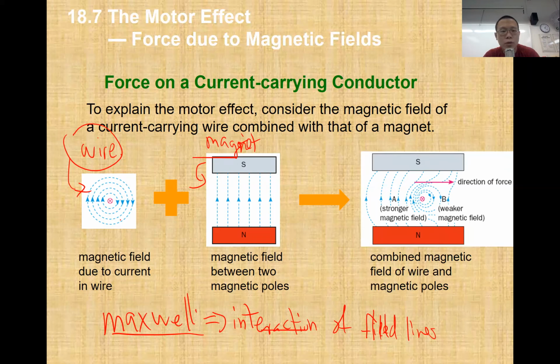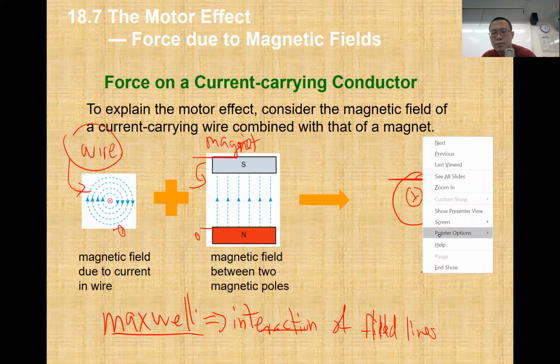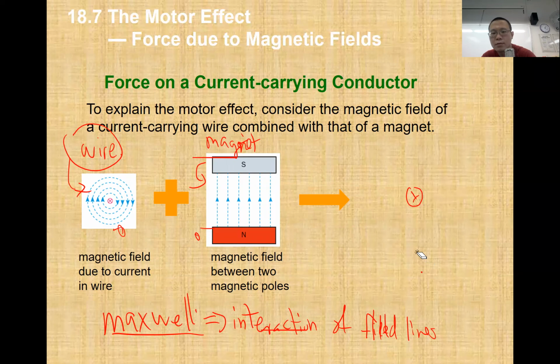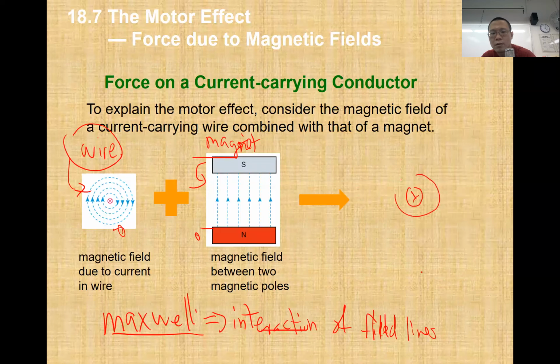If you superimpose these two pictures together, as I do this, if I superimpose the wire here, okay, let me try this. Now let's take a look at this. Let's say I use a short one, this is the field line by the cable.